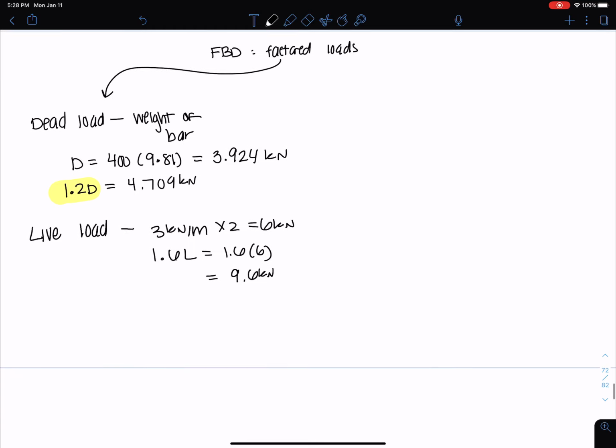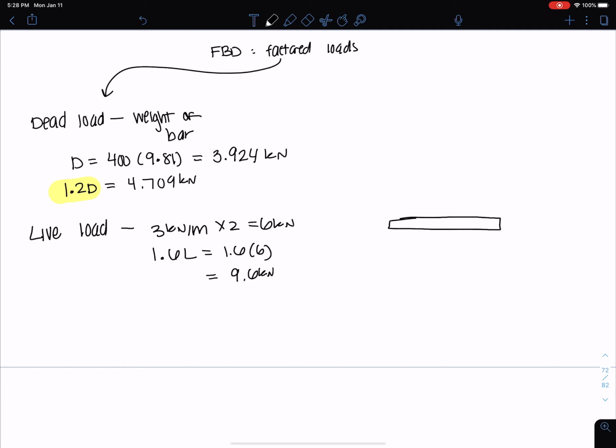Now I'm going to redraw my FBD here. That did not work. Okay, there we go. With my new factored loads, I have the 9.6 kilonewtons, I have the 4.709, I have FAC, and I have FB.